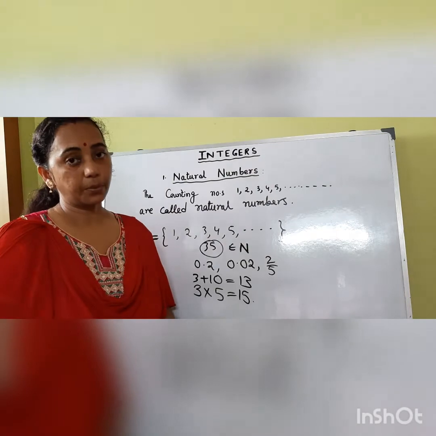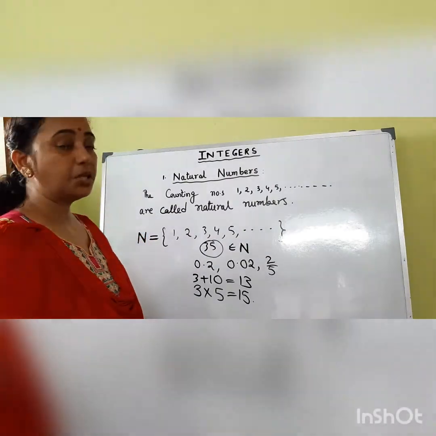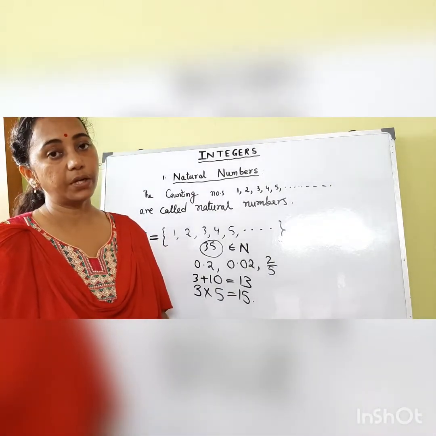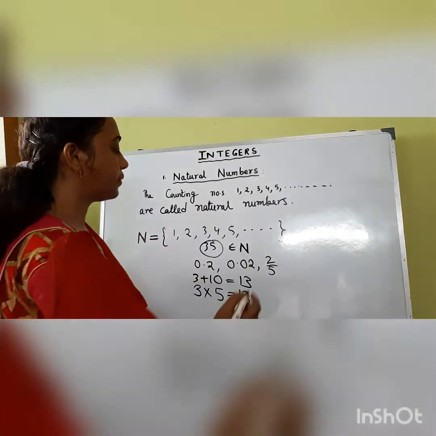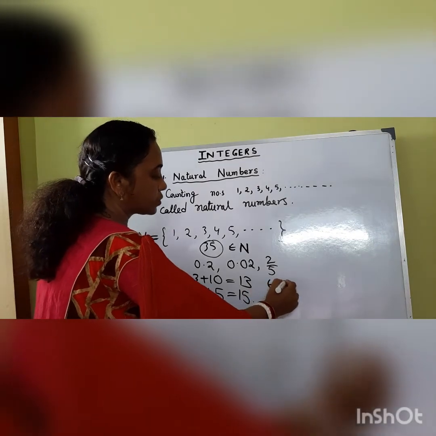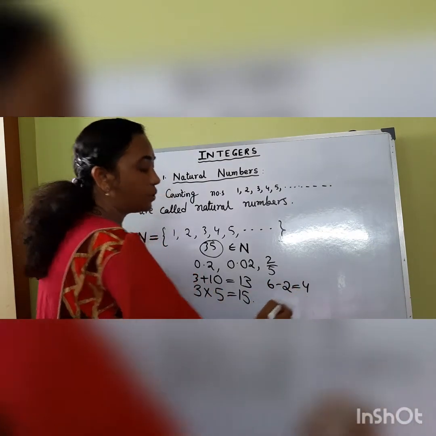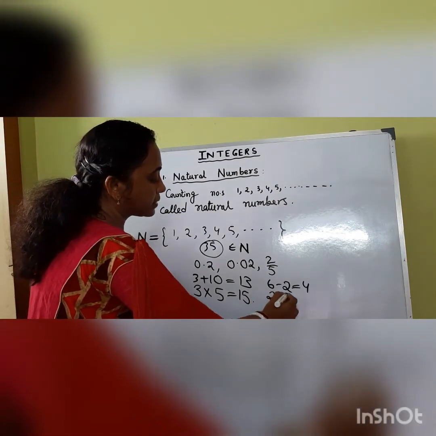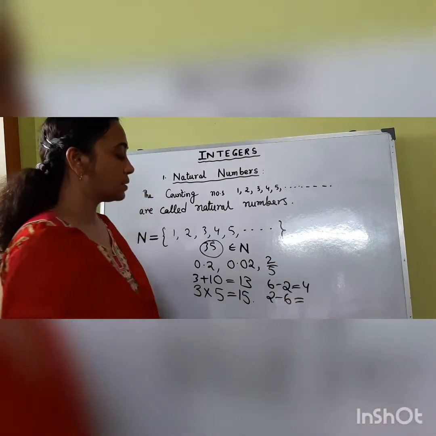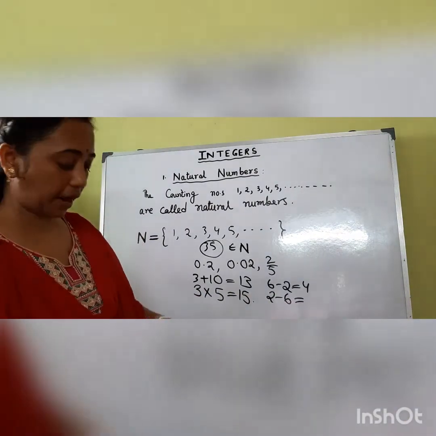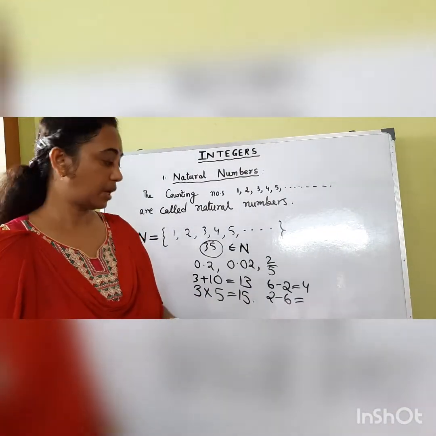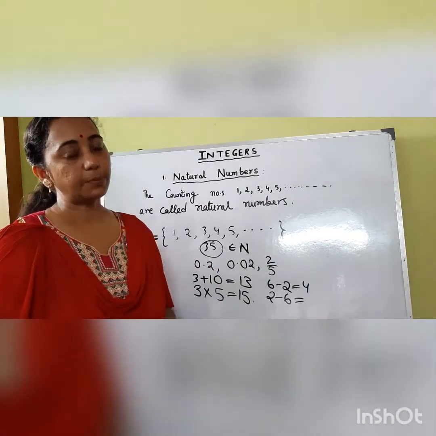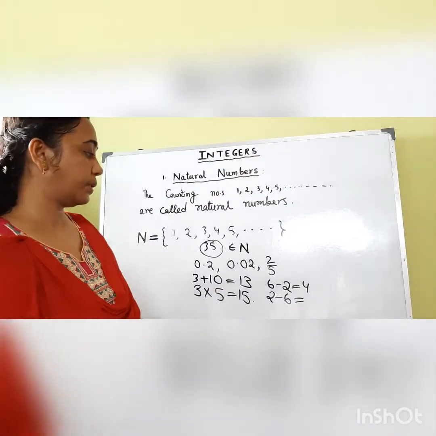But in case of subtraction, if we subtract any two natural numbers, then the result may or may not be a natural number. For example, 6 minus 2 gives 4. We know 4 is a natural number, but on the other hand, if we write 2 minus 6, this result is not defined in the set of natural numbers. So subtraction of two natural numbers may or may not be a natural number.